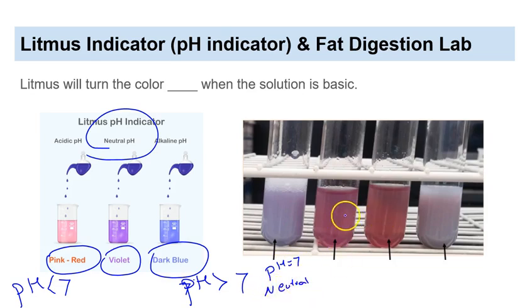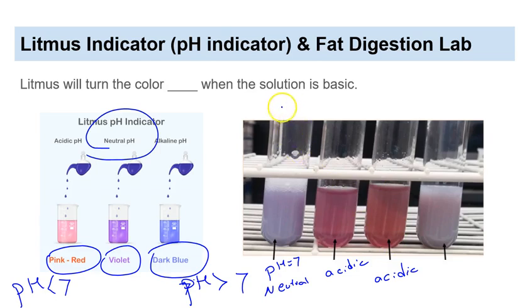And then look at this one, it's like a pink, so the pH is less than 7, it's acidic. This one is also acidic, but as you can see, this one is more red than that one, so the acidity of this test tube is more than the other.